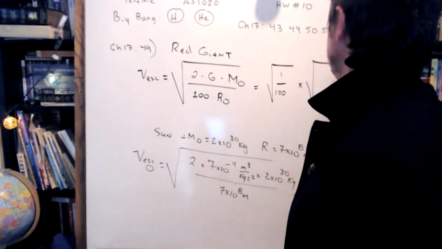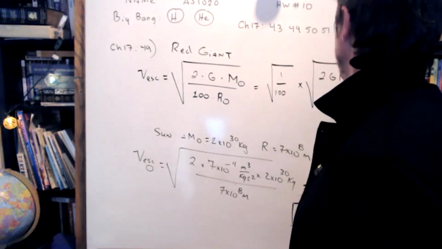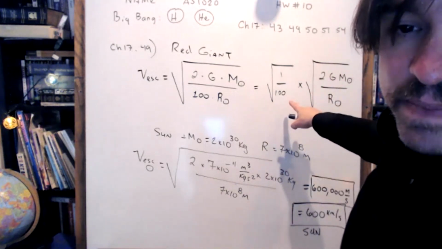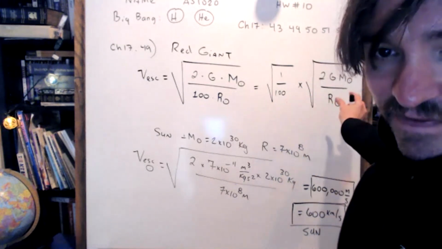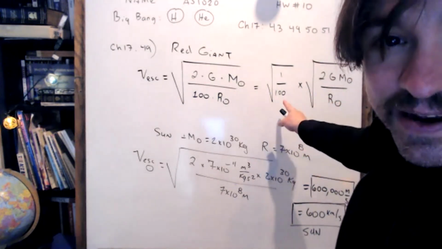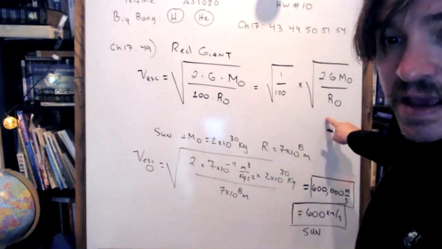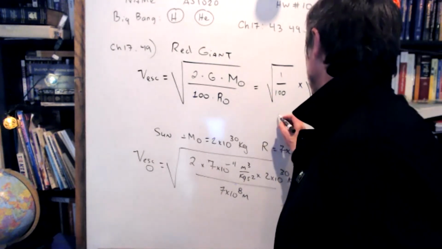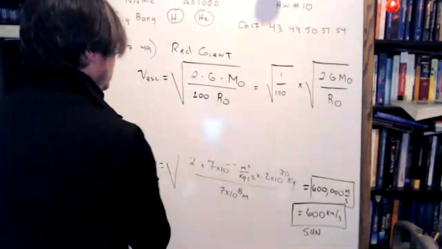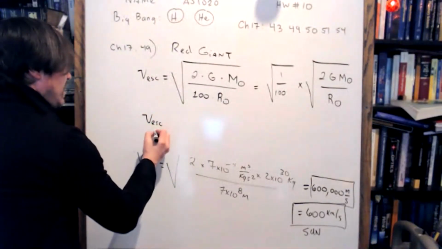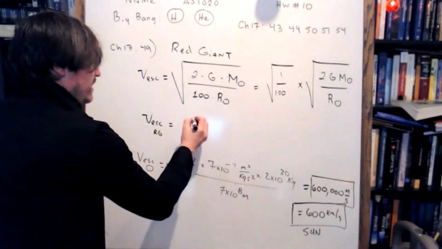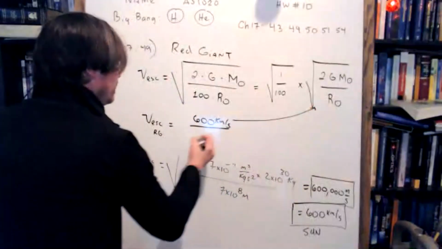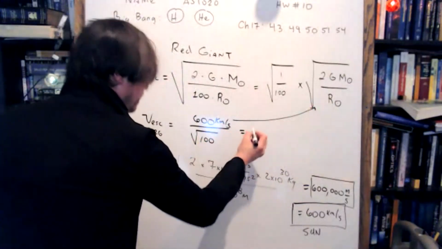Aha. See, this is the escape velocity that we just calculated. And you'll notice what I've done, using my superior mathematical trickery, is yank out the 1 over radical 100 from the square root. Why would I do such a thing? Because I already know the answer to this problem from before. The escape velocity of my red giant is basically just going to be 600 kilometers per second, that's this part, divided by radical 100.